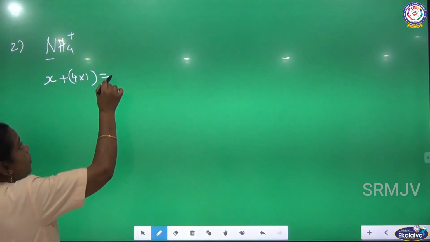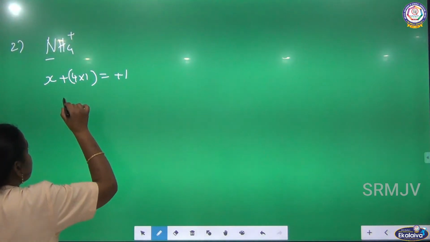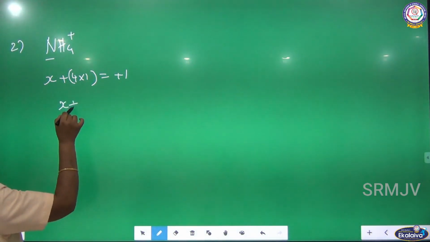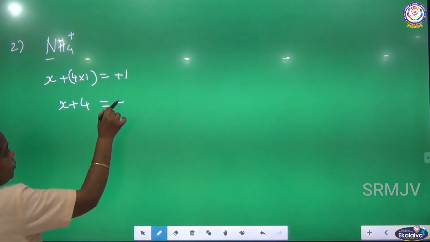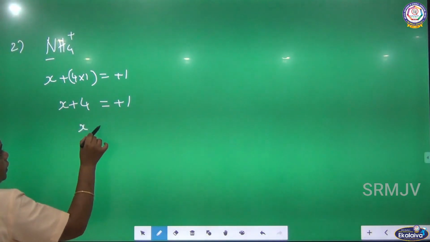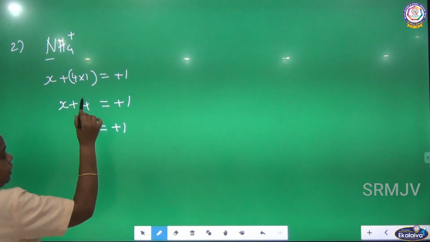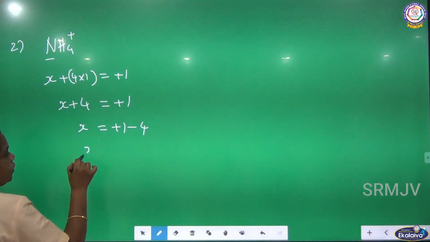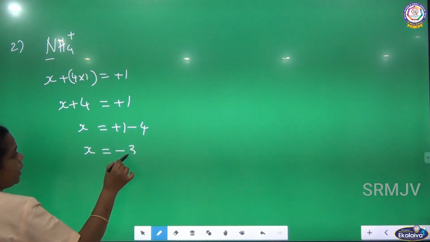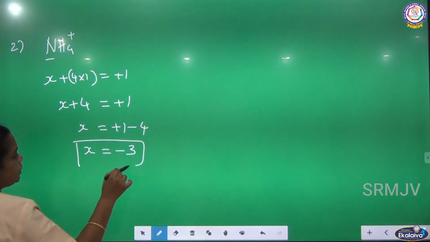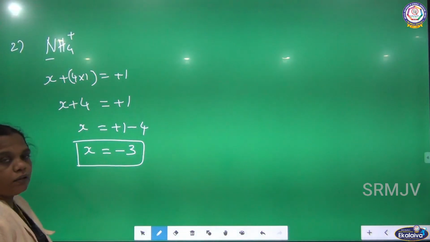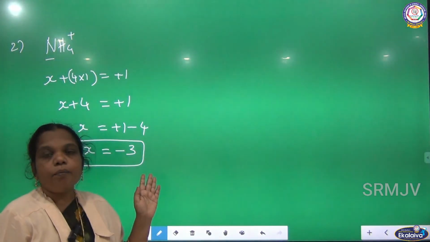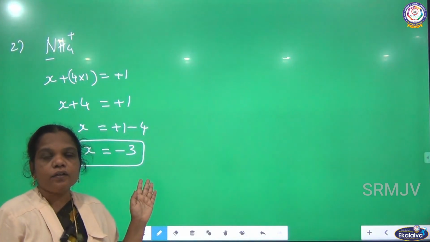Plus means +1. So X plus 4 equal to +1. If you bring +4 to this side, -4. So X equal to -3. So the oxidation state for nitrogen is -3 in this compound.